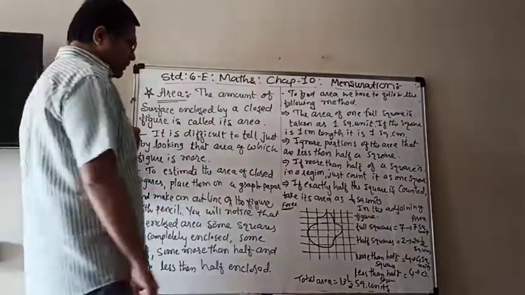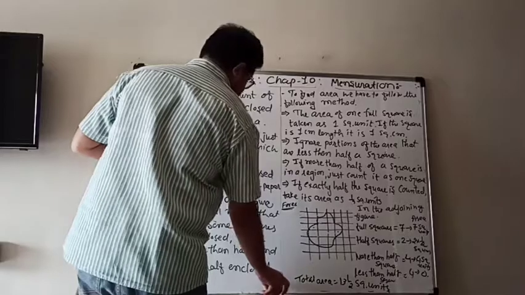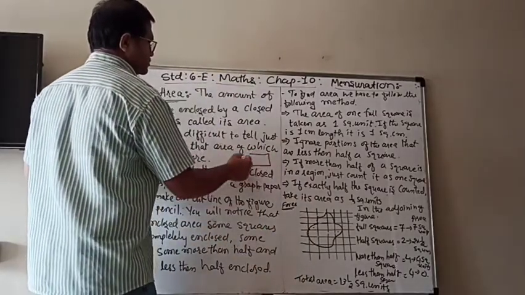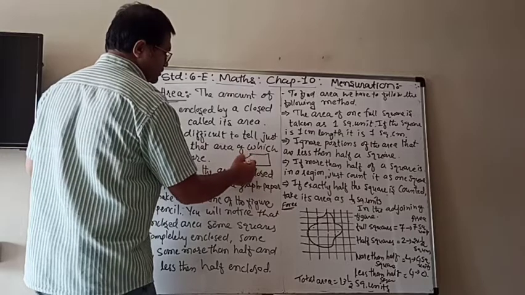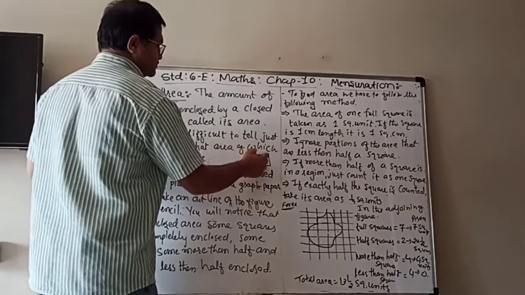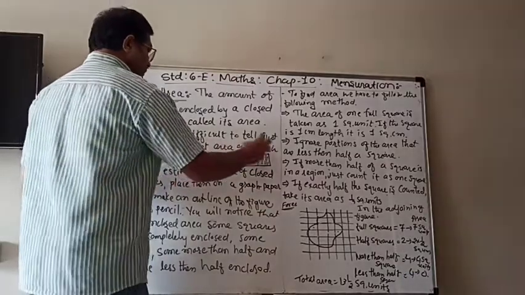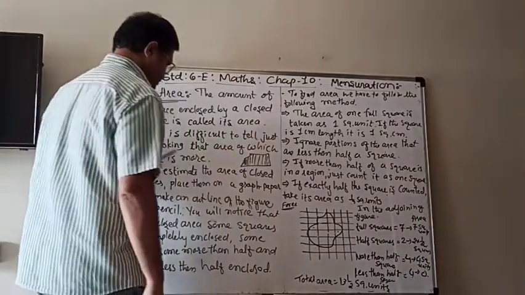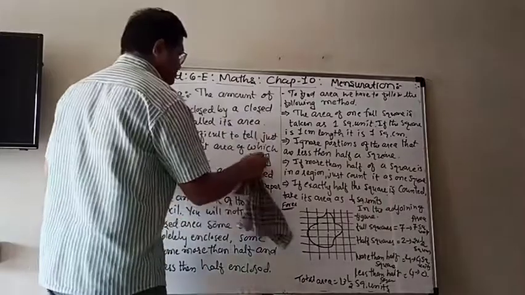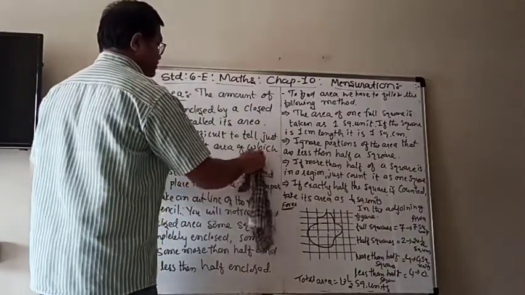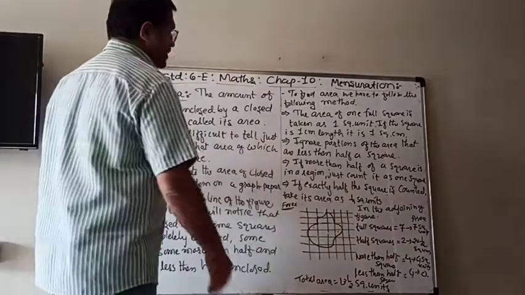It means that suppose this is a closed figure. So that part is enclosed by this figure. So the amount of that surface which is enclosed by that closed figure is called its area.